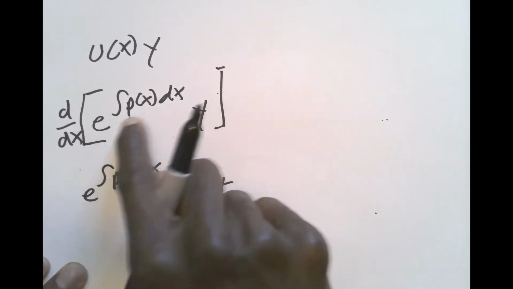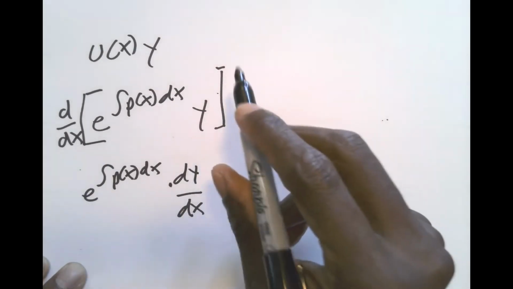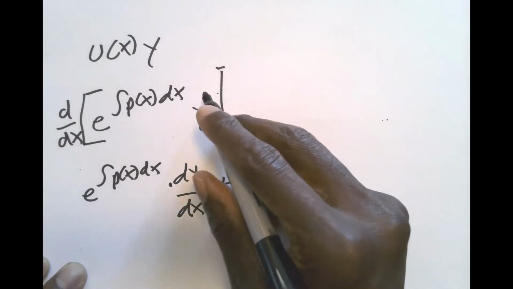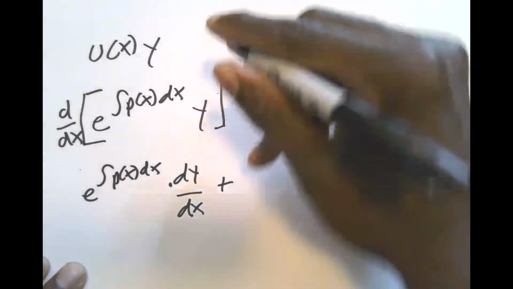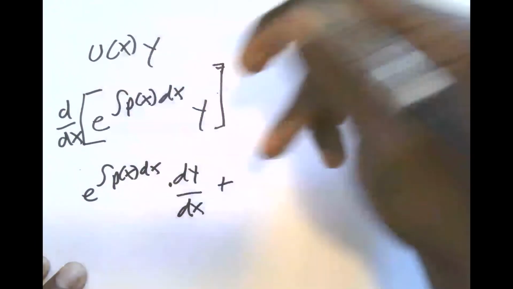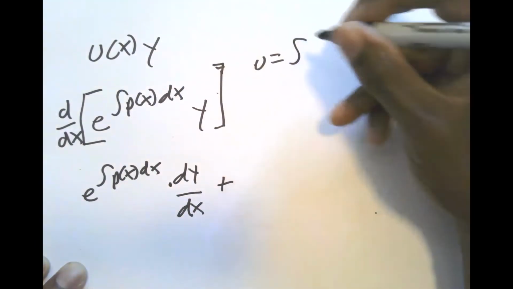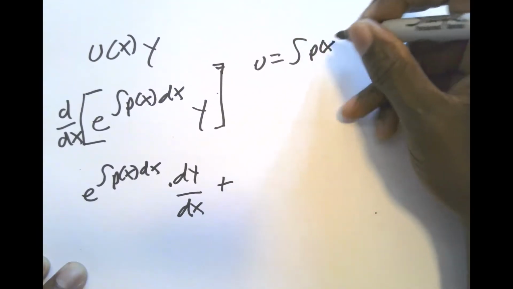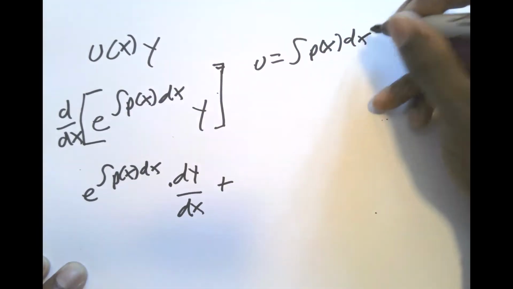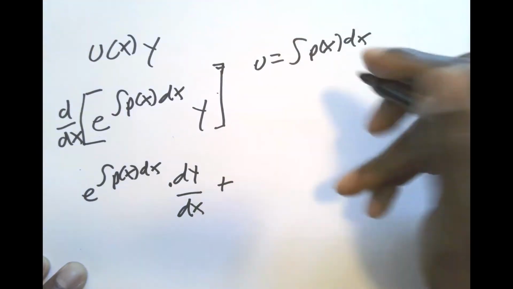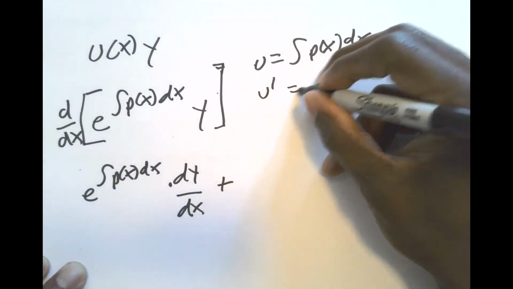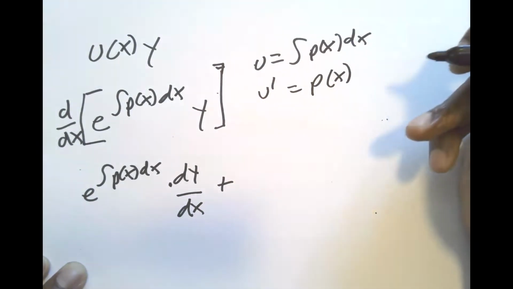Now understand the derivative of this guy is going to use the chain rule. And so I guess I'll write it out. I was going to do it mentally, but let me just write it out. So let's say I make u equal the integral of p(x) dx. So this derivative would just be p of x.